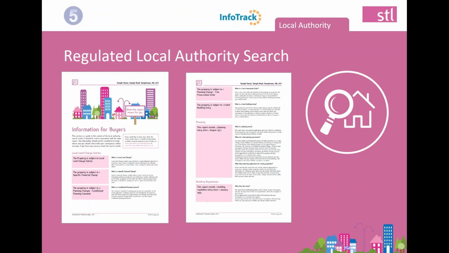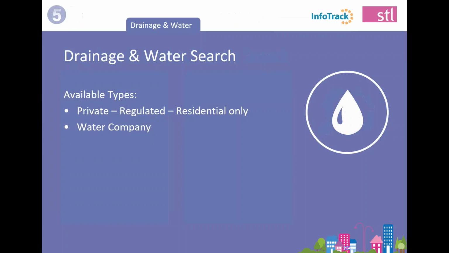There's also the benefit at the back of the search with the information for buyers section, which explains in jargon-free terms the key entries associated with that property, i.e. what is a land charge, what is a smoke control order, for your buying client to understand their search. Hopefully that saves you time in answering some questions.